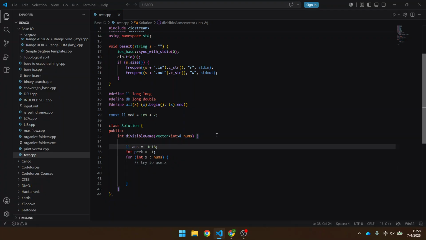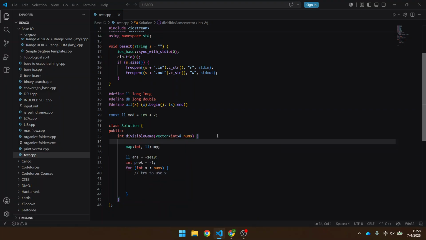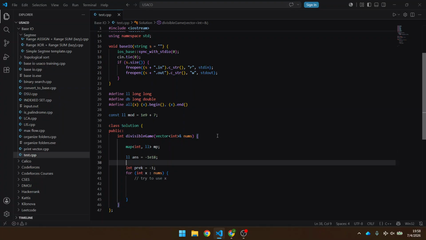Can you only use prime divisors? And for int plus 2.